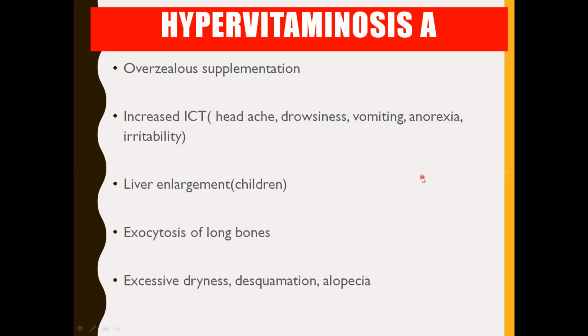Also, liver enlargement occurs in children, and exostosis of the long bones occurs. This is bone spur formation, an extra growth on the surface of the long bones.